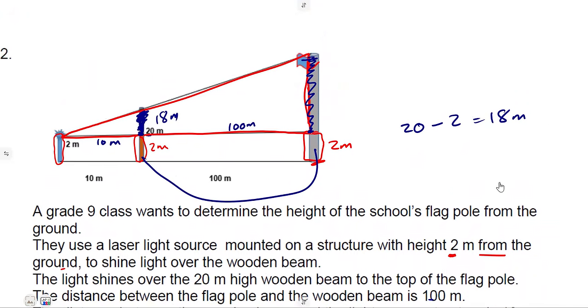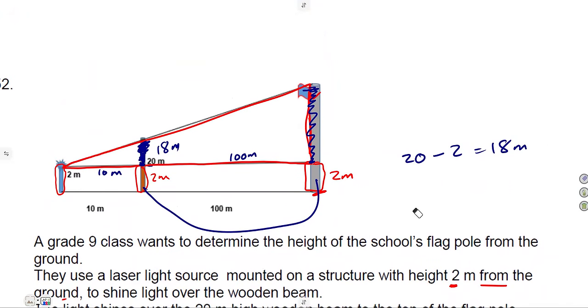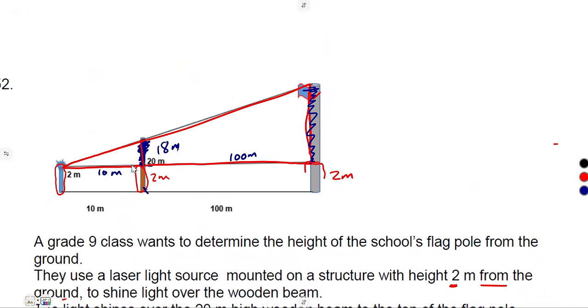This was just a similarity, guys. Remember, similar figures are equiangular. If we check properly, we can see that these two triangles are similar. This triangle formed here and the bigger triangle, they are similar.